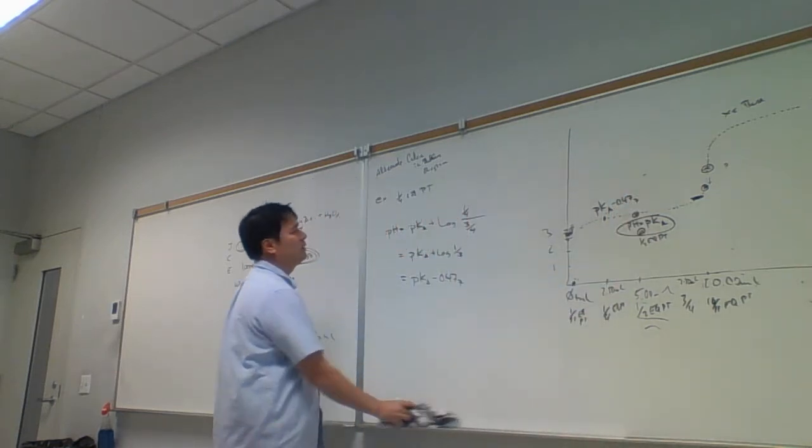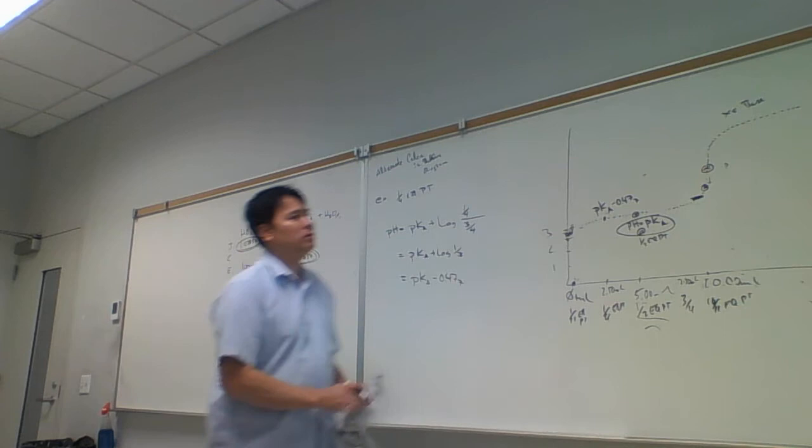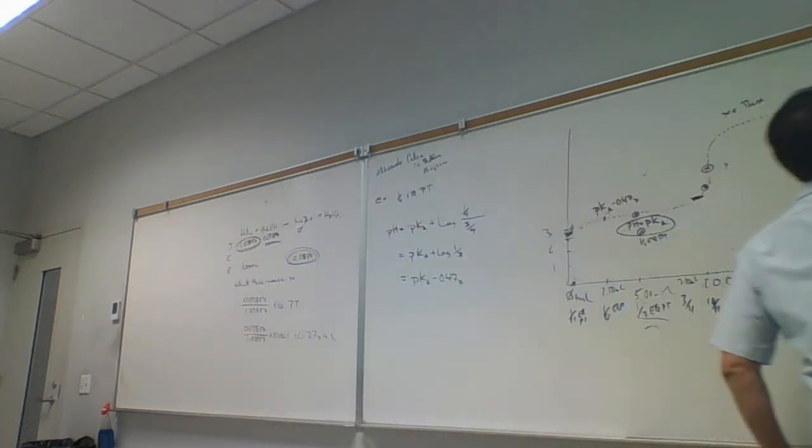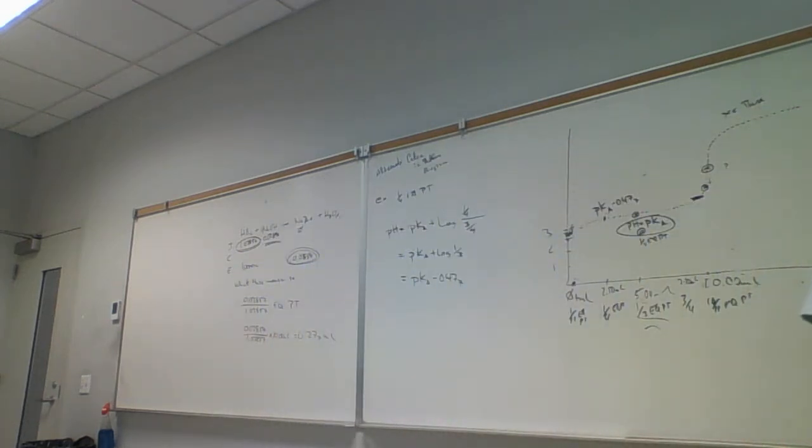And let's go to the 3/4 equivalence point. At the 3/4 equivalence point, I know I'm in the buffer region, so pH is equal to pKa plus the log of, now, how much base do I have? The amount of base I have is 3/4 parts because I've neutralized 3/4 of my acid, so I produced 3/4 base.